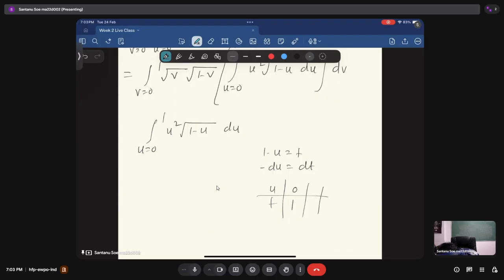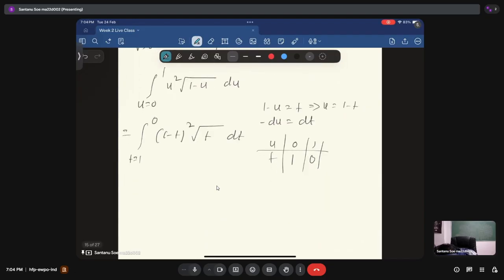And if you put u equals 1, then t will be 0. So this integration will change from t equals 1 to 0. So u squared will be, from here u is 1 minus t, so this will be 1 minus t squared square root of t, minus dt. Correct.